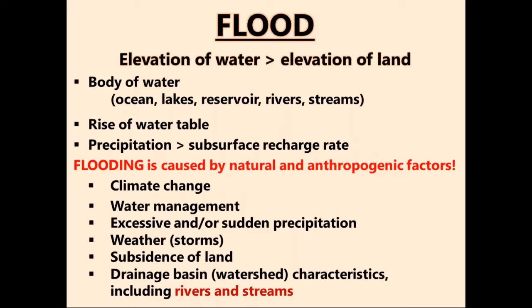In this webinar in particular, we're going to talk about the following 6 bullet points: climate change, water management, excessive or sudden precipitation, weather, subsidence of the land, and we'll spend some time talking about drainage basins and the characteristics of them, and that will include a little bit of a discussion on rivers and streams.